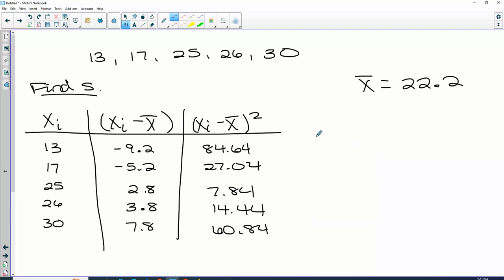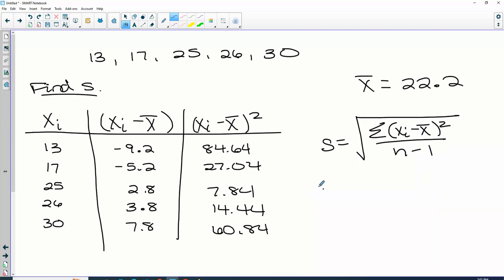Okay, if you're looking at your formula sheet, since this is a sample, it tells us standard deviation is the square root of the sum of xi minus x bar squared divided by n minus 1. So we have the square root. This means we add all those numbers up. You guys get 194.8?